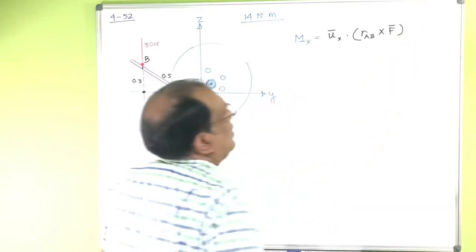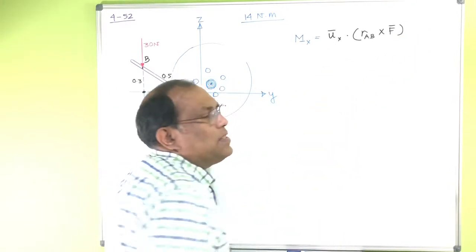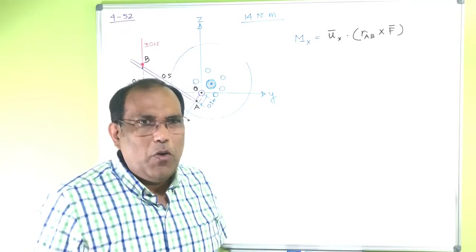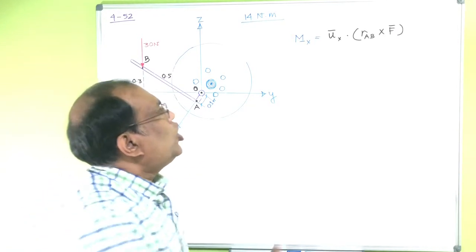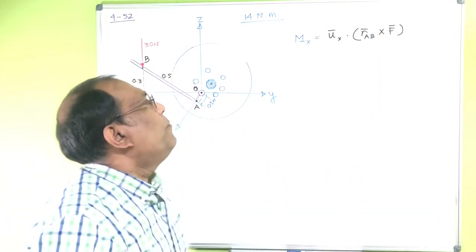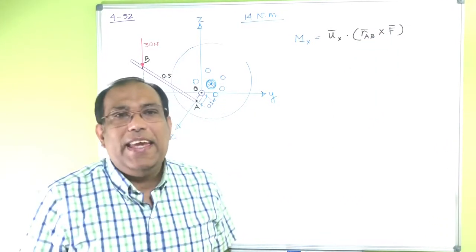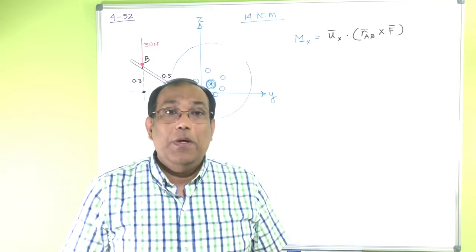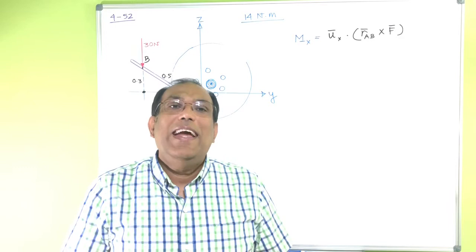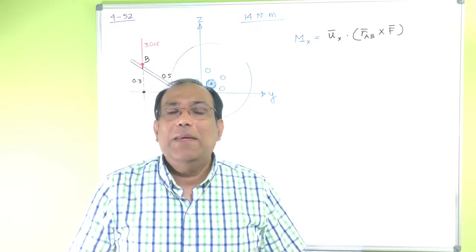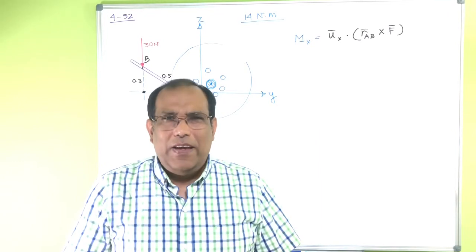That's the formula, right? Ux is the unit vector for the axis about which I'm trying to find my moment, and RAB is a vector from any point A on the axis about which I'm trying to take my moment to any point B on the line of action of the force. Okay, any point on the line of action of the force.